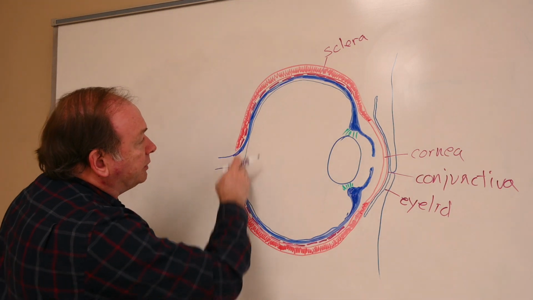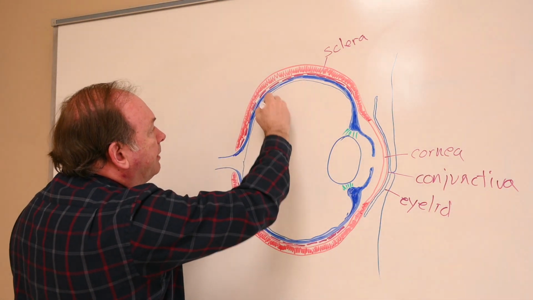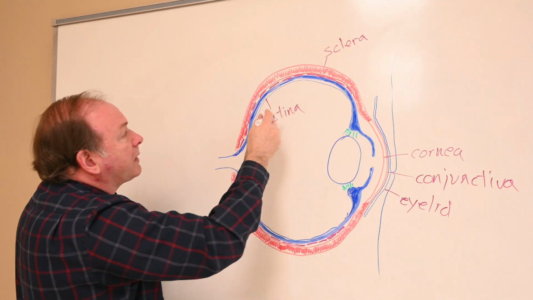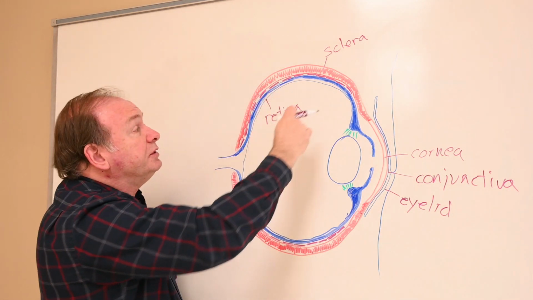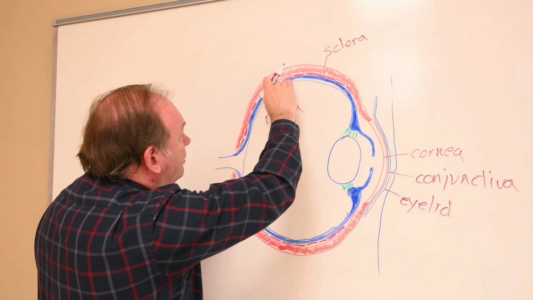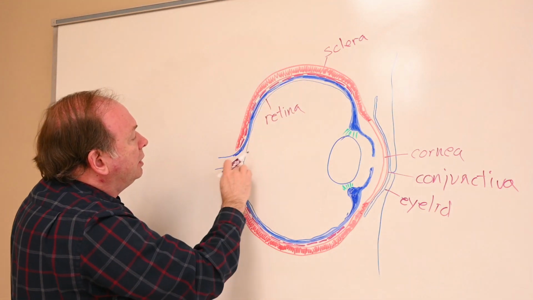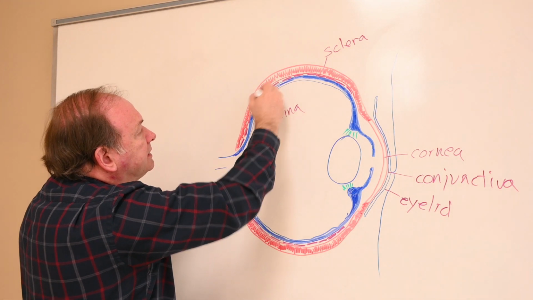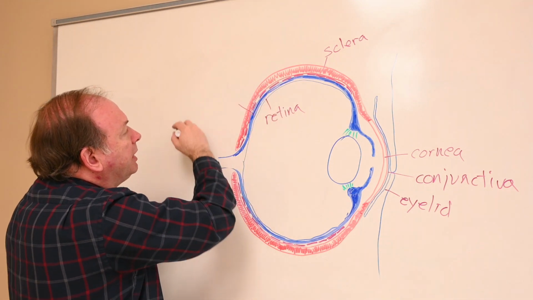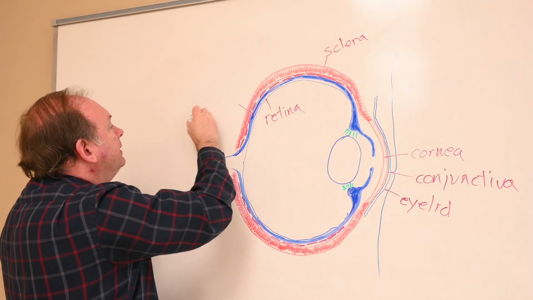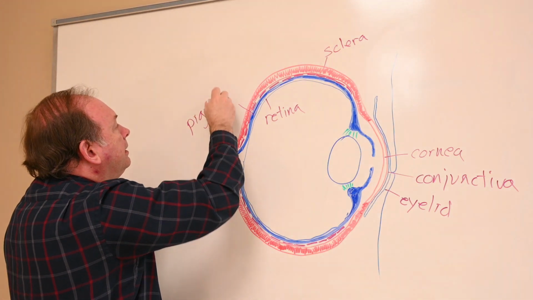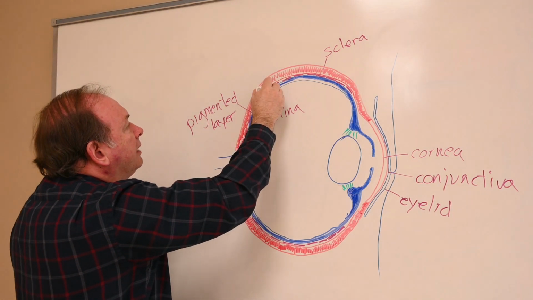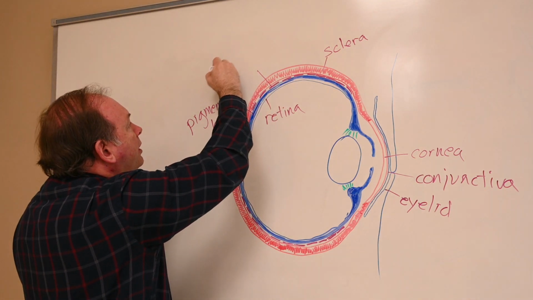The retinal layer was the inside of the optic cup. It has all your vision cells and other cells that relay that information in to the optic nerve. Let's see, we've got retina, we've got the pigmented layer. We have what's called the vascular choroid.